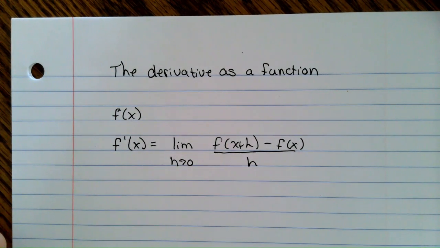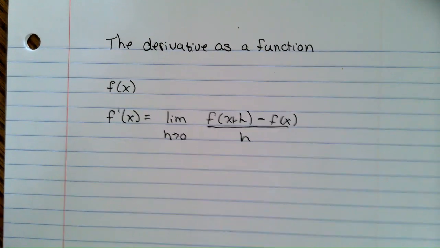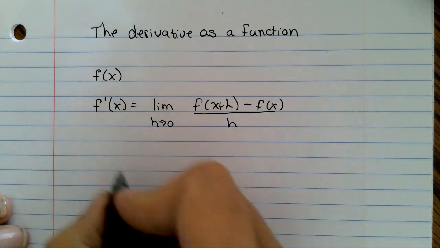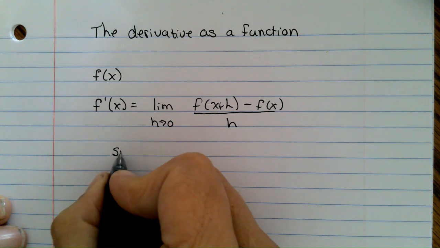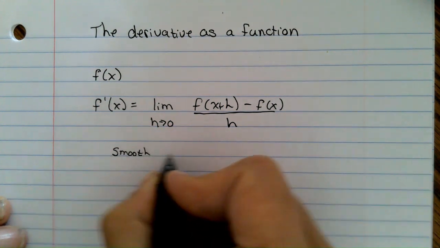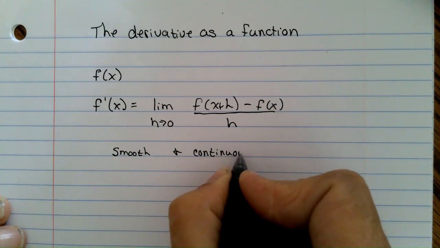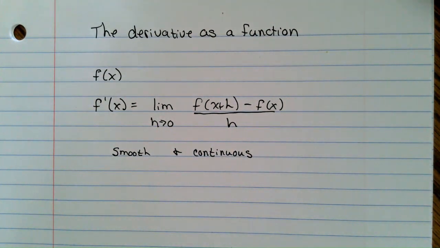However, there's some caveats to that, okay? To derive something, it must be smooth and continuous. Now, I have an entire video on continuous and continuity and what it means, okay? You can't pick up your pencil.